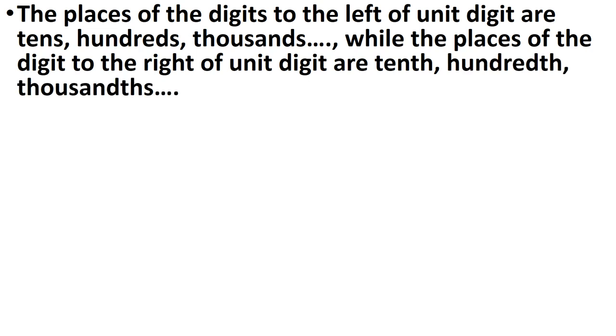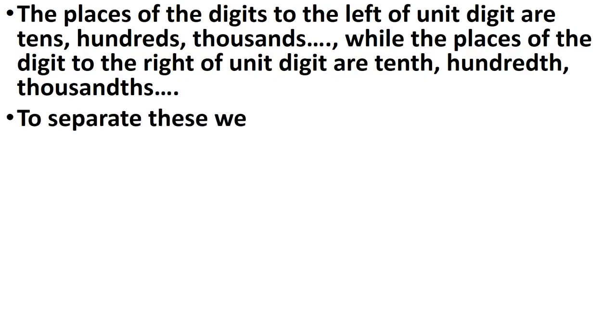This you know. If we have a number, the places to the left of the ones place digit are tens, hundreds, and thousands, while all the places on the right-hand side of the ones place digit are tenths, hundredths, and thousandths.